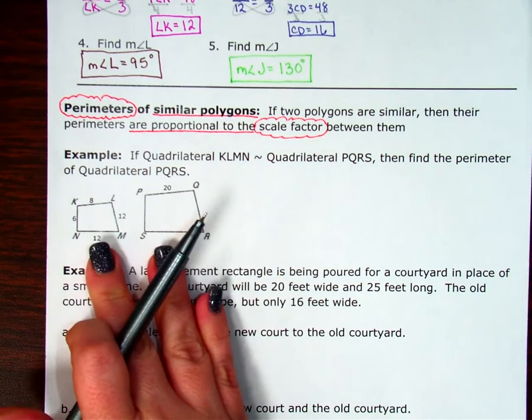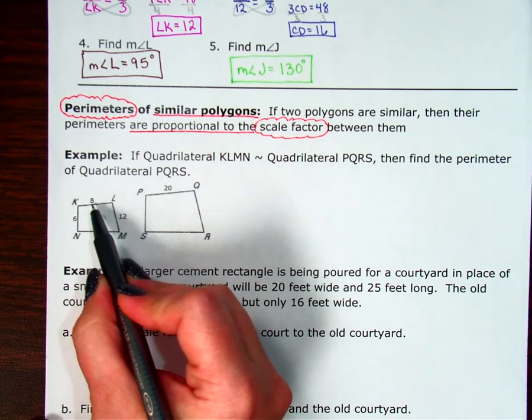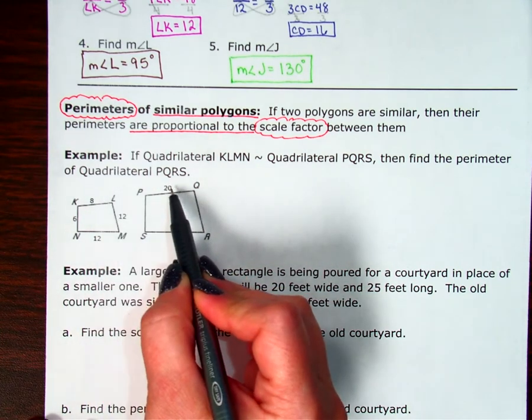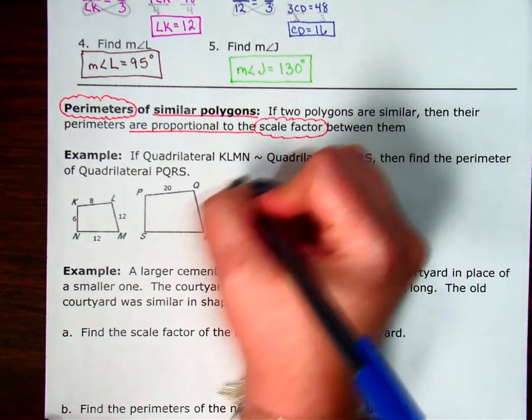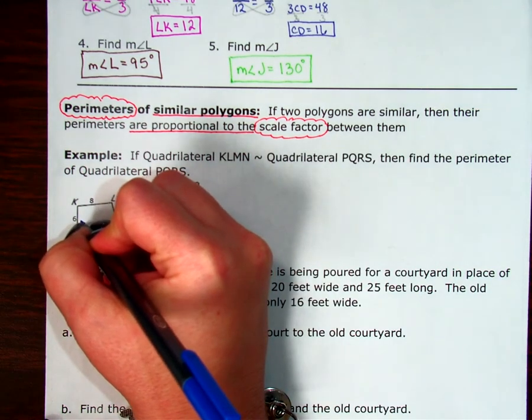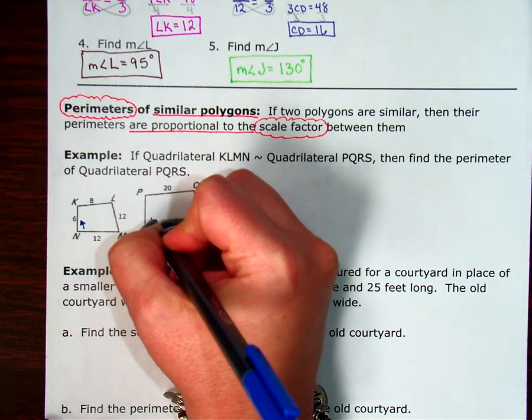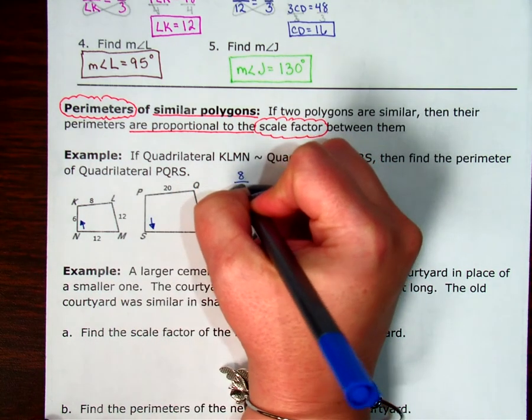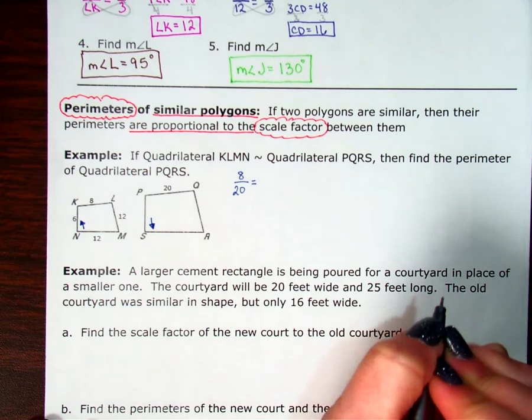So my figures are sitting in the exact same space, so I can tell that 8 is going to match with 20. So I could do 8 over 20 to find my scale factor. I'm going to put my arrow so I don't forget. I'm going to put the 8 on top and the 20 on the bottom. And then I'm going to reduce that.